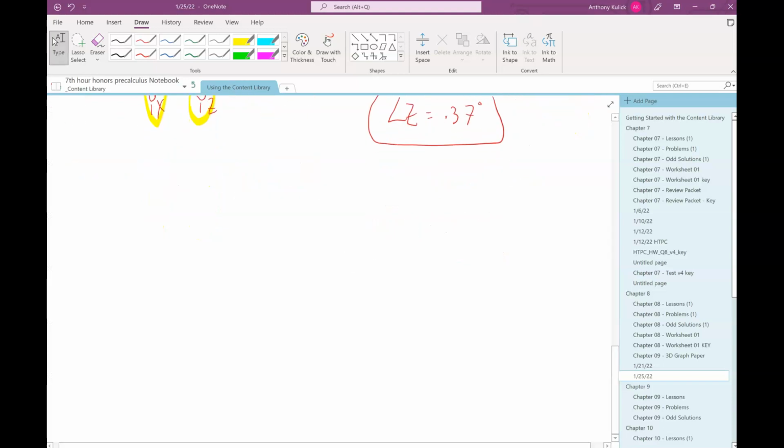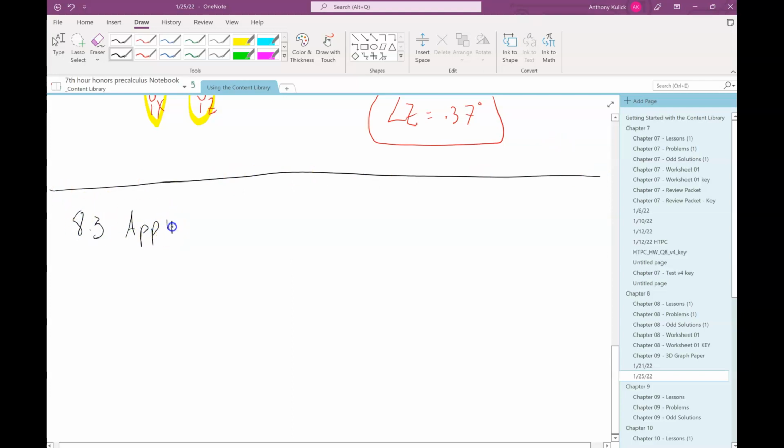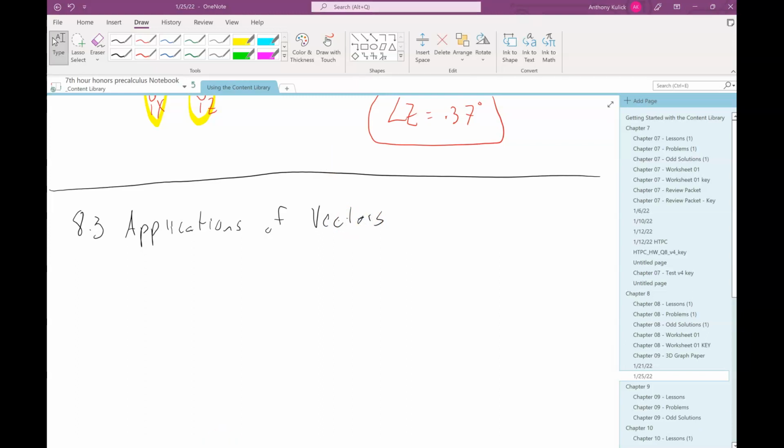Today, we're going to be talking about section 8.3 and applications of vectors. So we're going to look at several different applications today.